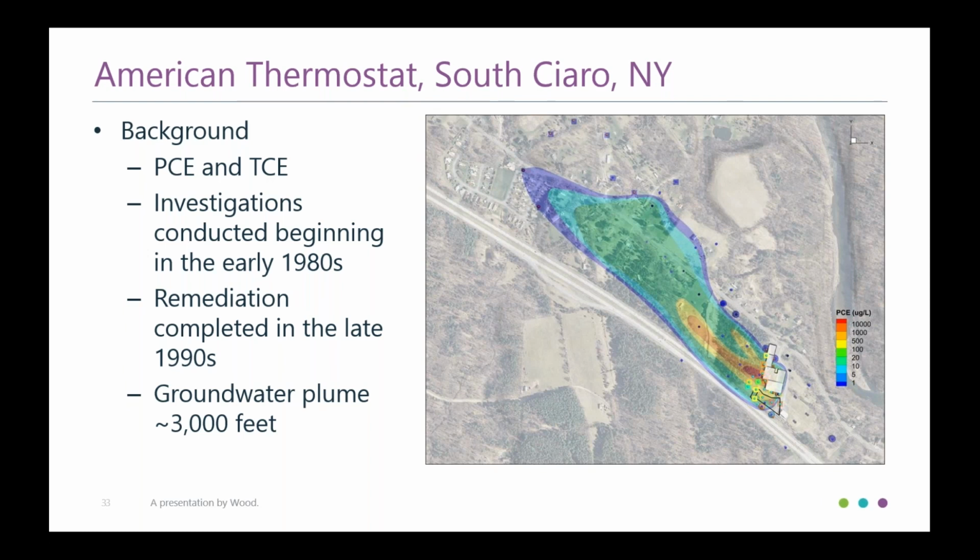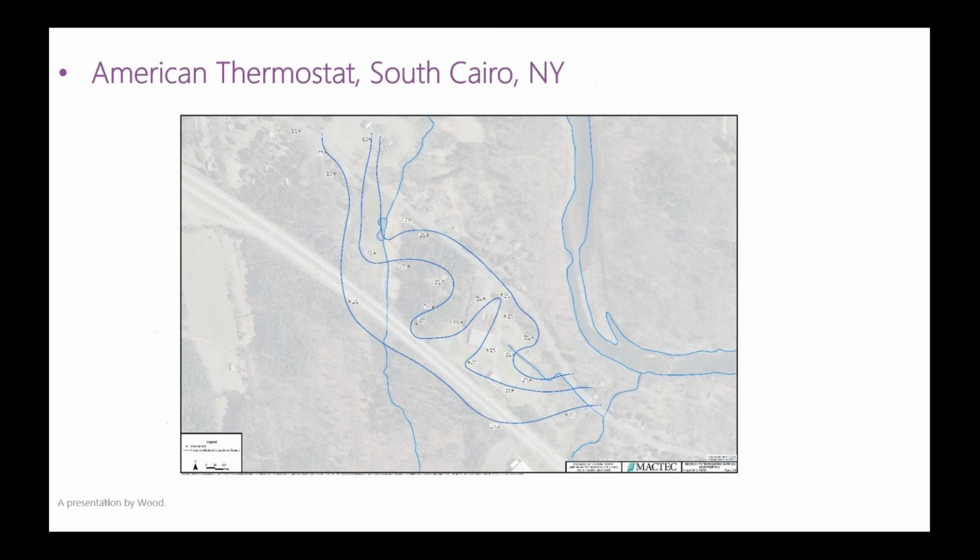When we started a remedial system optimization in 2012 and turned off the pumping wells, shut down the system, this is the condition that really exists. It is under natural conditions flowing towards the Catskill River.